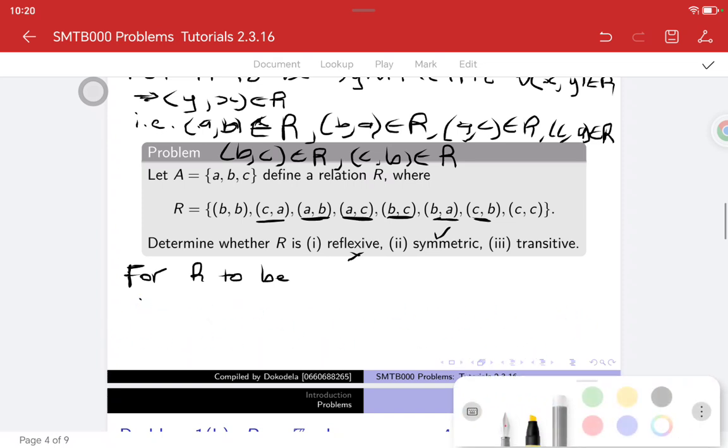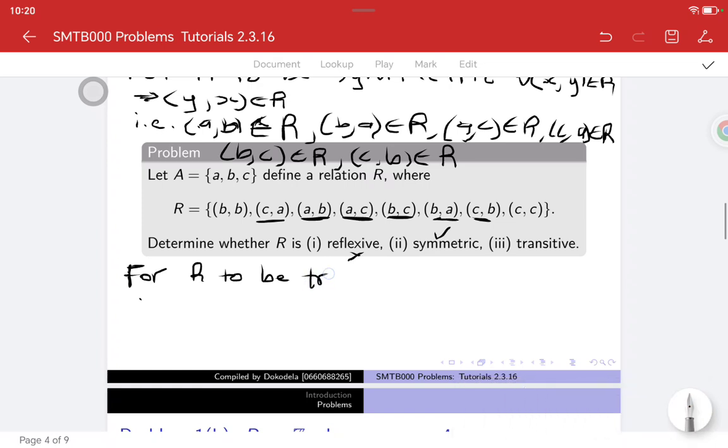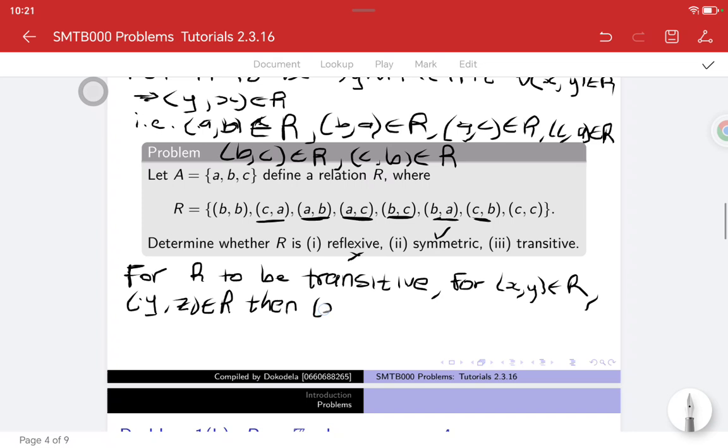According to the definition, for R to be transitive, we should have, let's say we take XY element of R, and also if we have YZ element of R, this should imply that XZ is an element of R. So that's the condition.